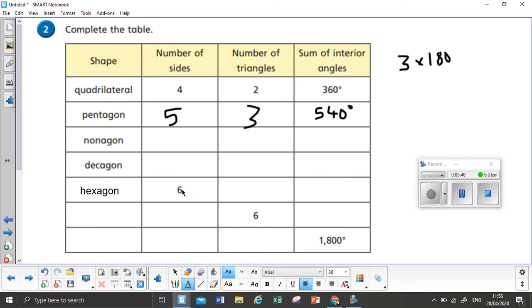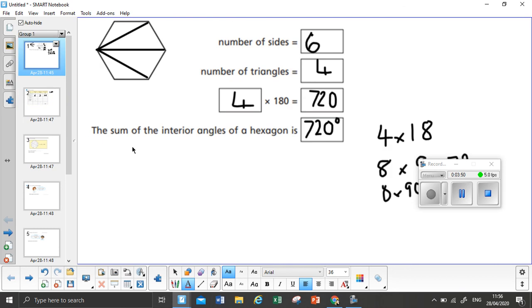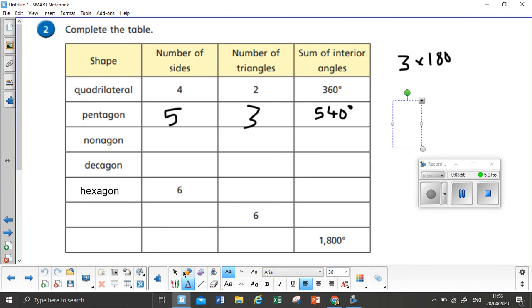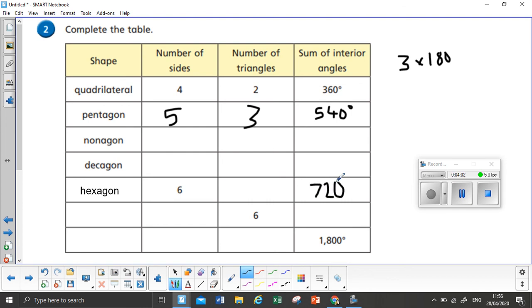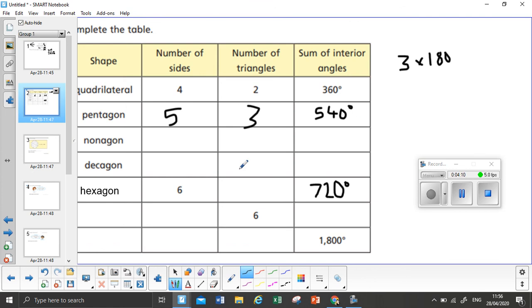And we've just done this question on the other one. So we know the sum of the interior angles in a hexagon is 720. And we also discovered it had 4 triangles. So I'm going to put that in as well.